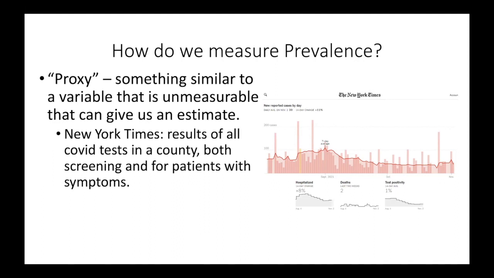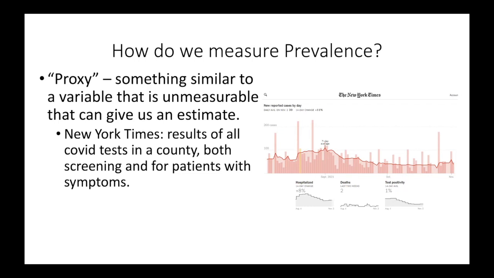Sure, some of those tests are done for screening in the school situation, for instance. But some come to a lab from a doctor who's dealing with a patient that has symptoms, and that is no longer screening. So it's kind of a contaminated prevalence, but it's the best we got, and it's the proxy we're going to have to use.